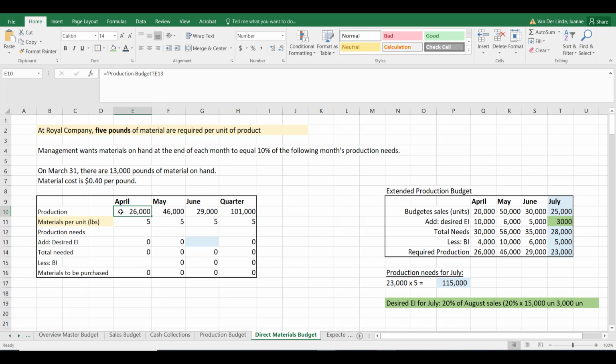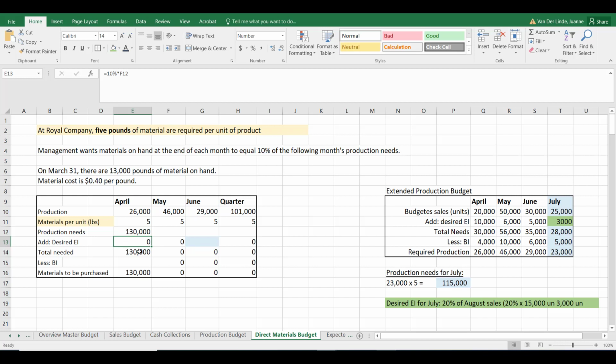So for April, if I need to produce 26,000 units and each unit requires 5 pounds of materials, I will need 26,000 units times 5 pounds of materials. That means I need a total of 130,000 pounds of materials for April.